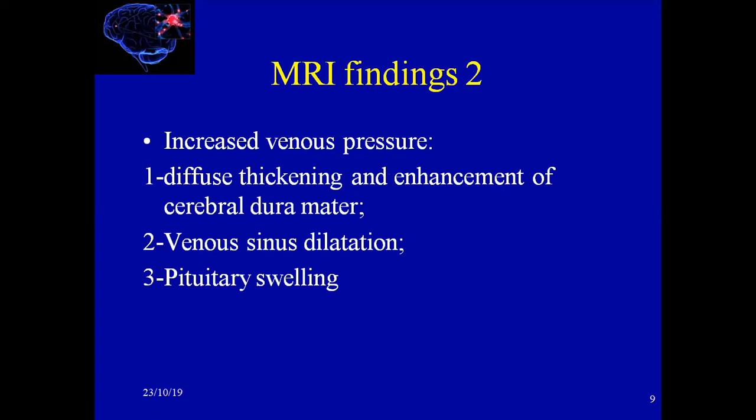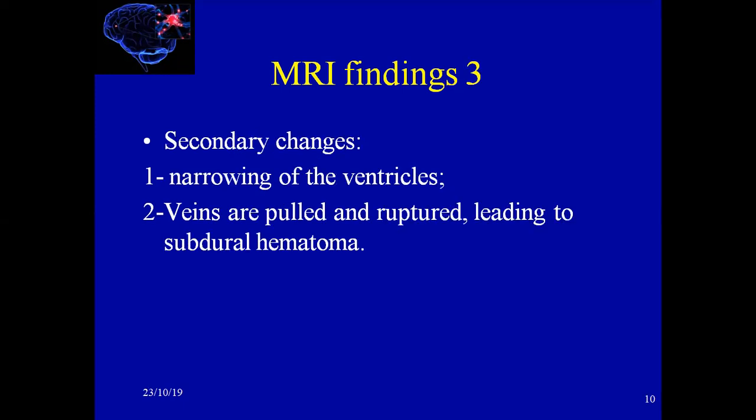Finding number 2 is about increased venous pressure. You will have diffuse thickening and enhancement of the dura mater, and also dilation of the venous sinuses, and lastly swelling of the pituitary. Finding 3 of MRI, there are some secondary changes, like narrowing of the ventricle system.